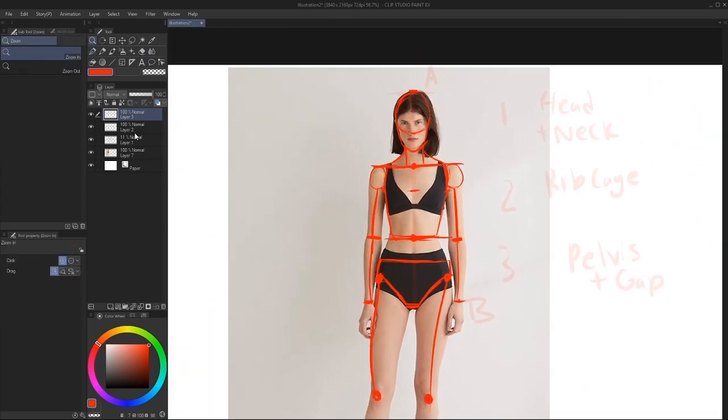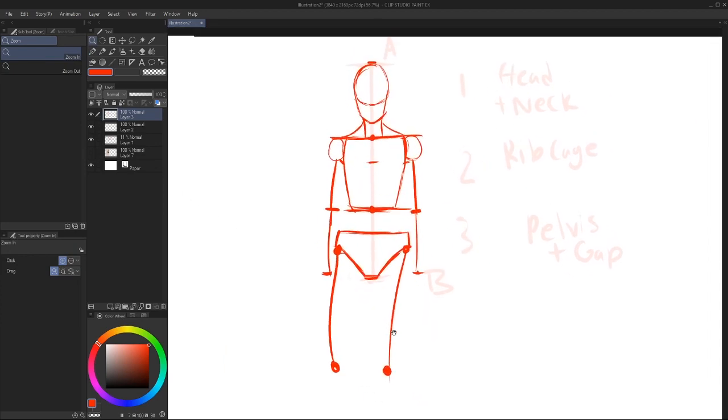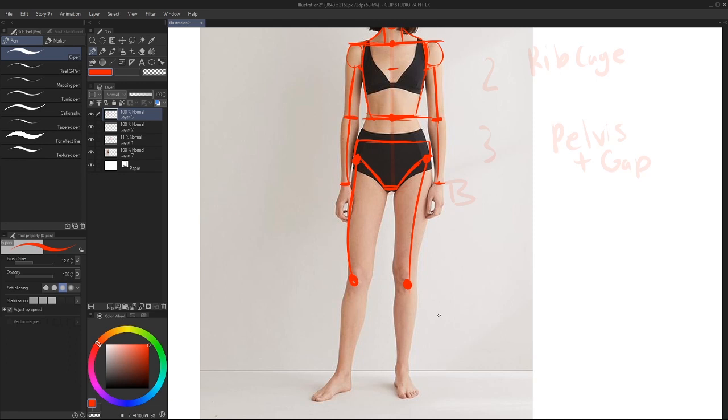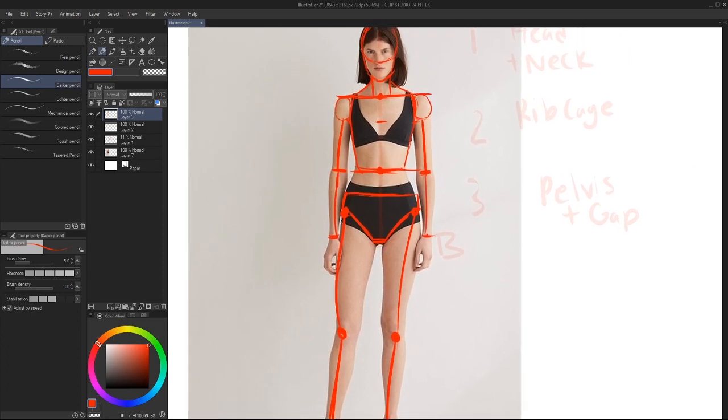So now if we hide the reference, we're starting to get a better skeleton of the figure. And lastly, we would take the bottom of the knees and connect it down here to the soles of the feet. So now we could go back to what I mentioned earlier.